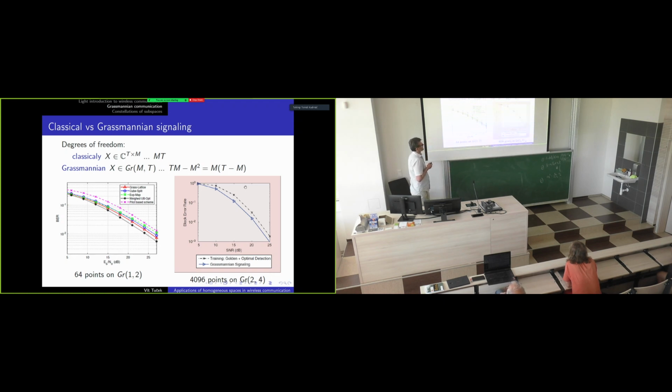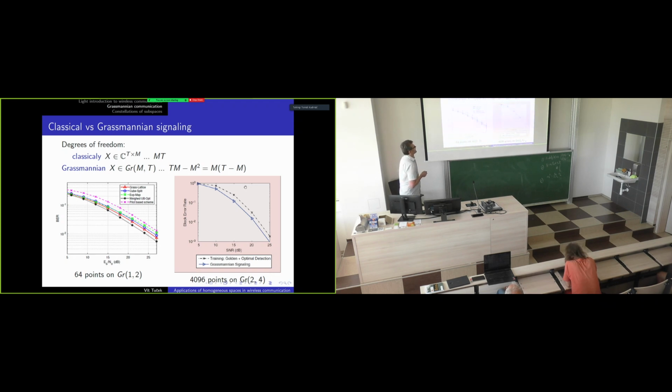When we are using some crude approximation of the channel matrix, the error rate is actually higher than when we are not using it at all. So in this scenario, moving in a car, there is some small or medium benefit of using the Grassmannian for signaling. If you are sitting at a table in a cafe, then of course you can estimate H much more accurately, and then use this estimate for a much longer time.